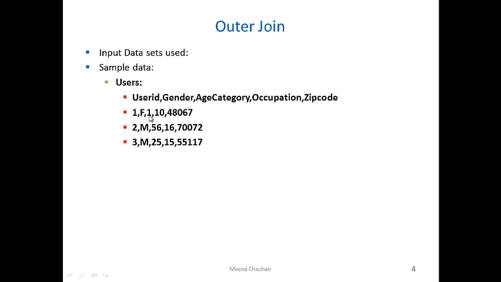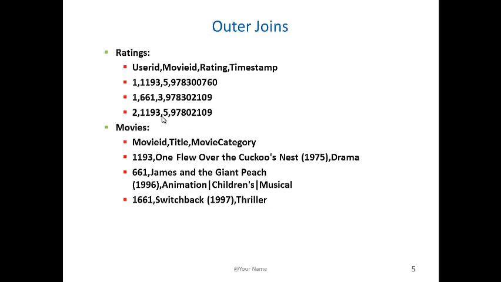Again, 1 does not mean age 1. It's a category which you would see in the final output. And occupation 10, again, it's an occupation code, which is later elaborated in the final output.